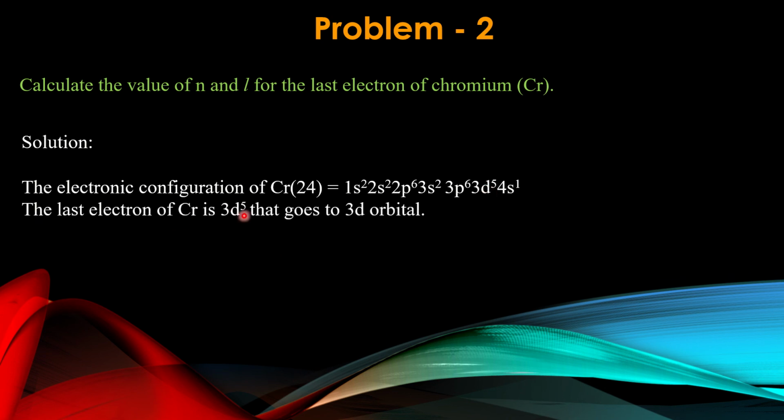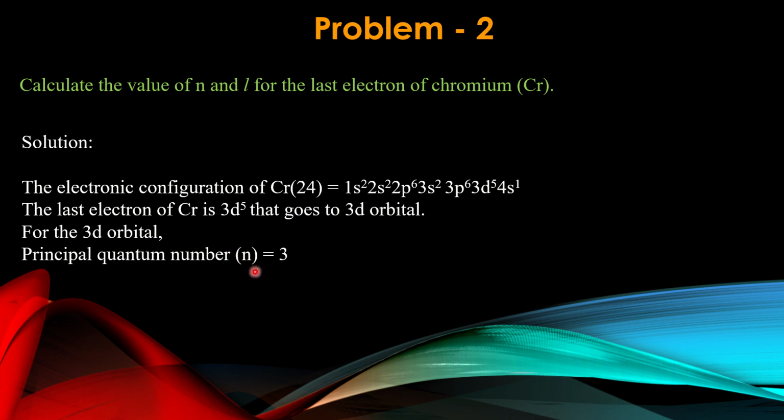So you have to find out the value of n and l for the 3d orbital. For the 3d orbital, principal quantum number n equals 3, because it is the third shell. And what is the value of the secondary quantum number? For d orbital, it will be 2. So the azimuthal quantum number l equals 2.